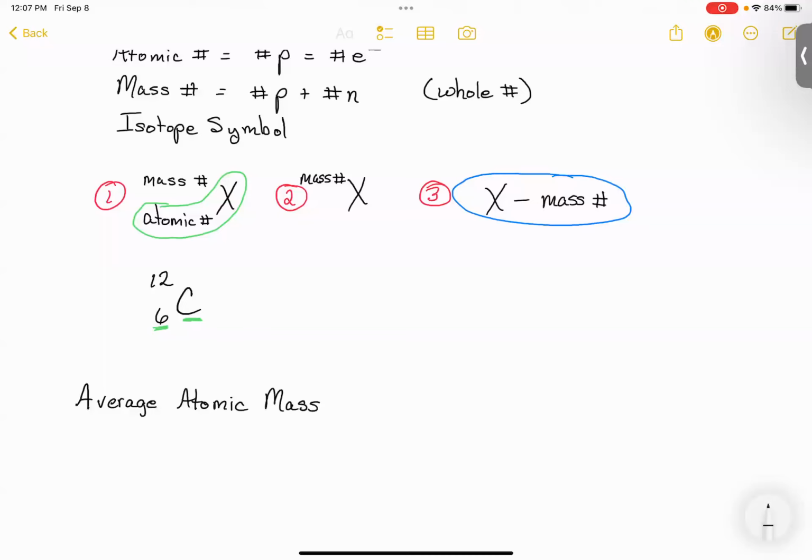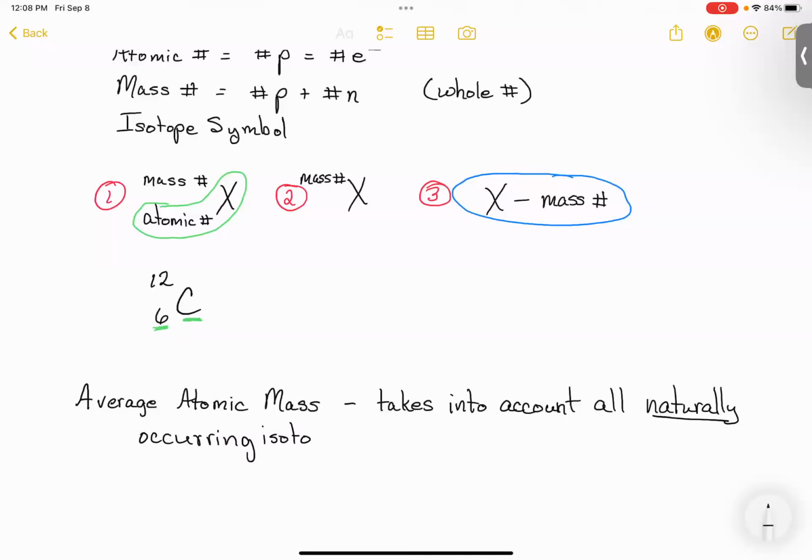And the average atomic mass takes into account all naturally occurring isotopes of an element and their abundance.